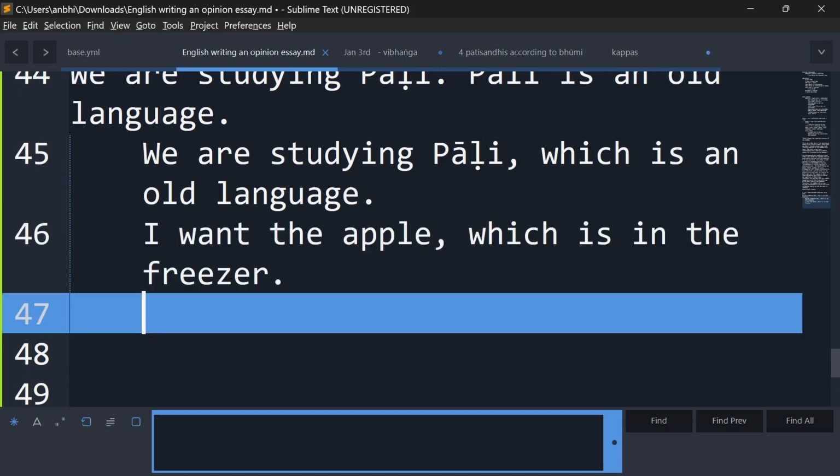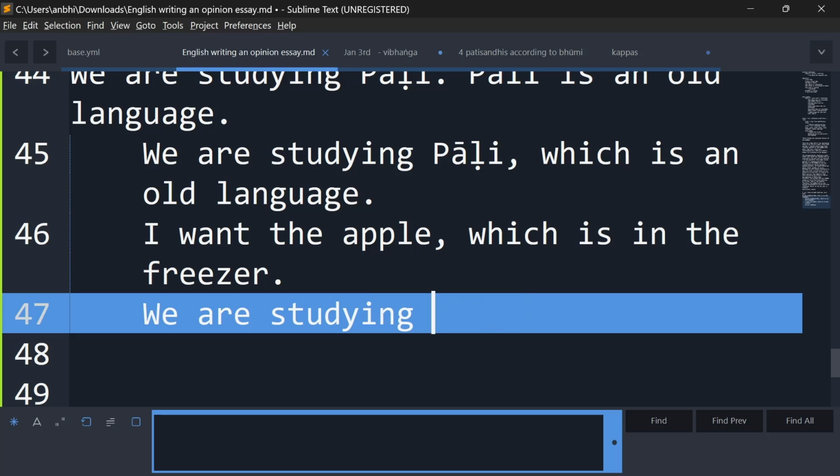So this one, I feel like a comma should still be over here, no? Okay, let's make an example without a comma. We are studying Pali, which is the subject, then it's with a comma.